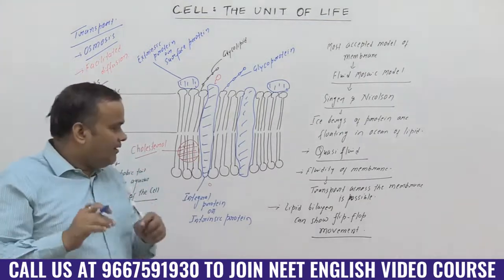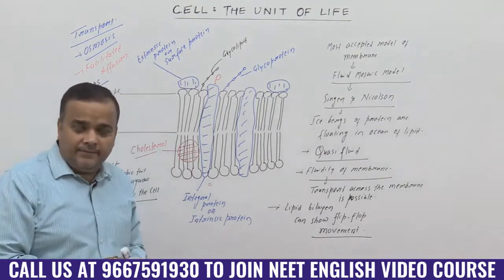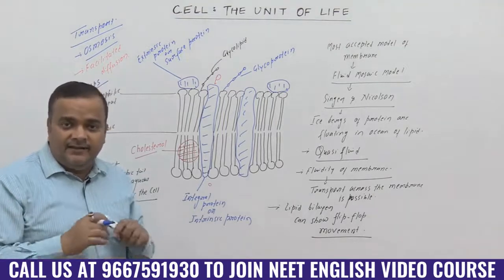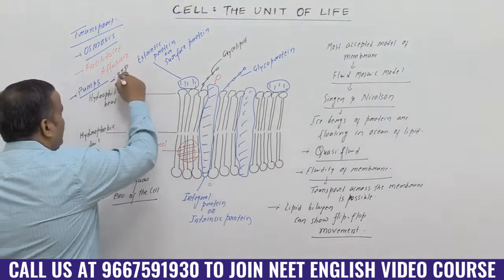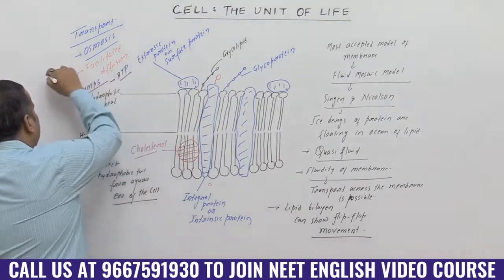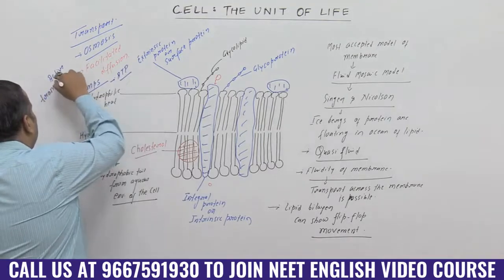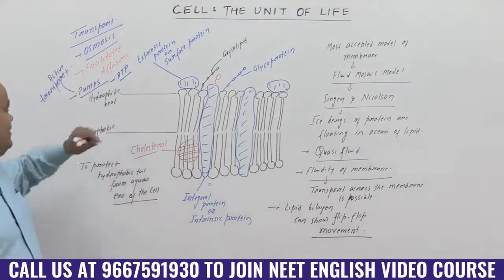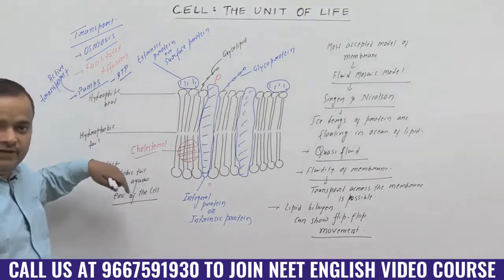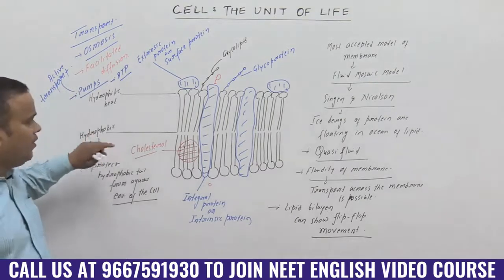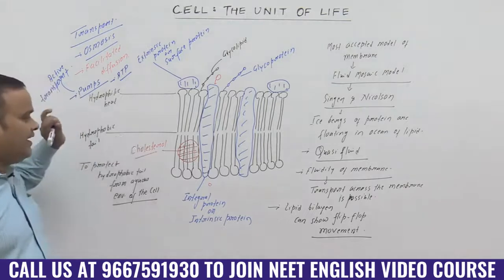These pumps are responsible for actively pumping those substances against the gradient across the membrane, and during this process energy is required, and that energy is provided by ATP, adenosine triphosphate, and such type of transport is known as active transport. Okay, so transport can be by simple diffusion across the membrane, or facilitated diffusion along the gradient with the help of transmembrane protein, or with the help of pumps against the gradient with the utilization of metabolic energy, and that is known as active transport.